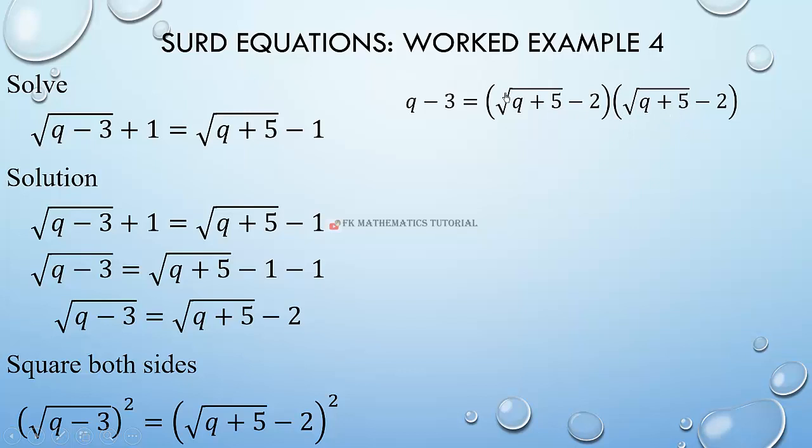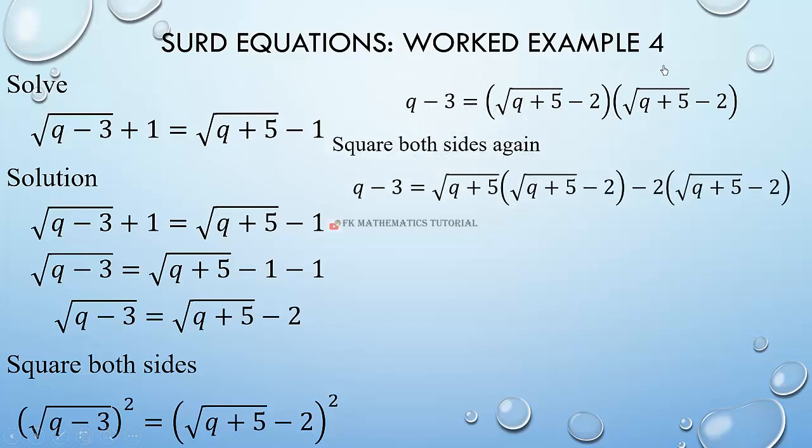So we have to use the distributive property again to expand on the right hand side. This will multiply this whole parenthesis, and this will also multiply this whole parenthesis. So let's expand. This times this will give us q plus 5. Notice that square root of q plus 5 times square root of q plus 5 will give us q plus 5, because square root of a times square root of a is a.